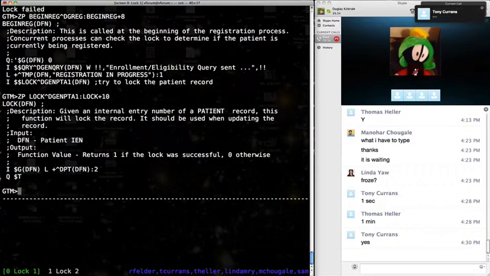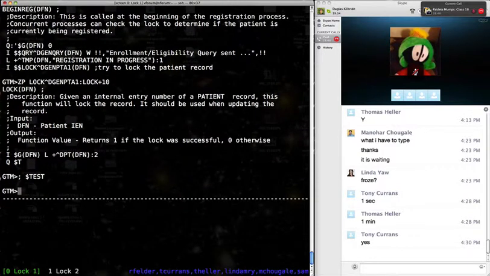Okay, sure. So let's just talk about $test briefly. MUMPS is not just an imperative computer programming language. I call it mother of imperative. And $test is there to tell whether MUMPS should execute the if or the else.